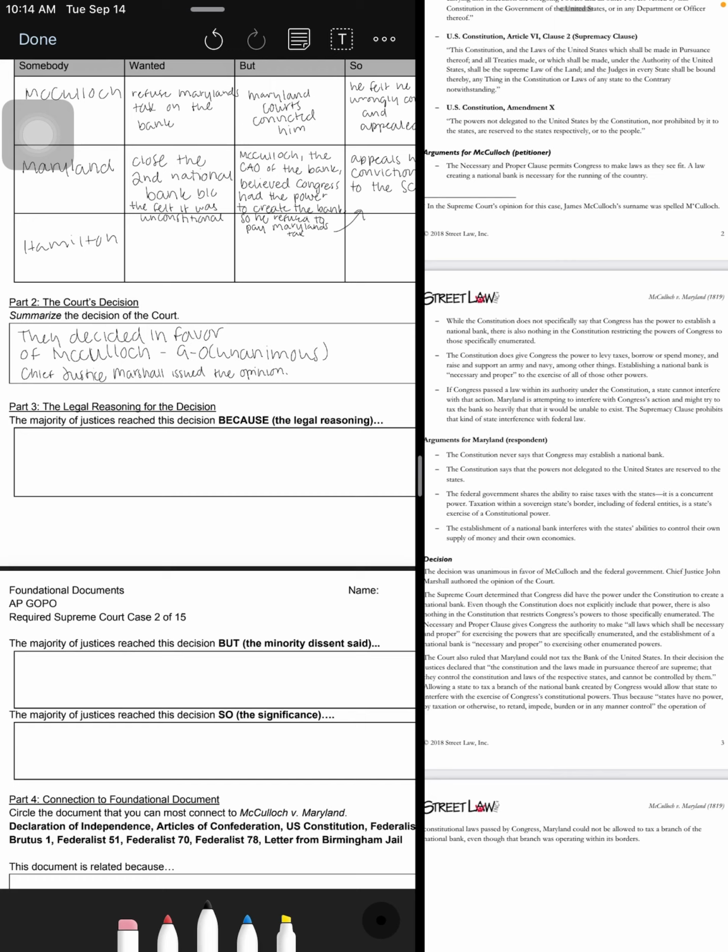So under arguments for McCulloch, it says the necessary and proper clause permitted Congress to make laws as they see fit, and a law creating the national bank was necessary for the running of the country. So I might include something in here about the necessary and proper clause.